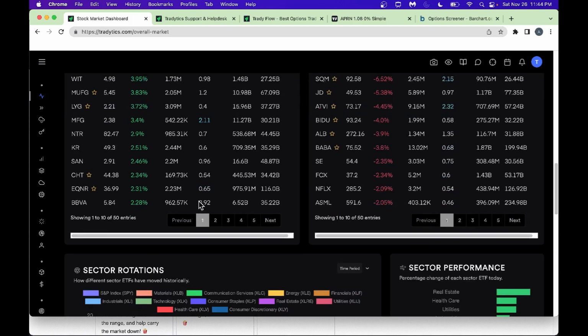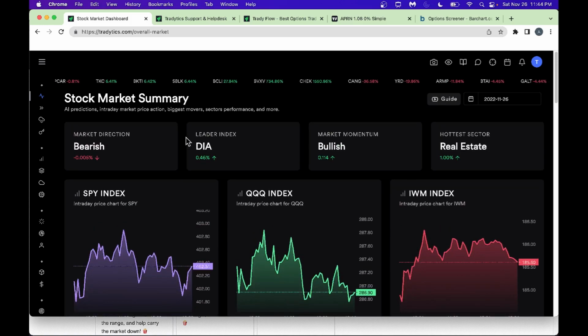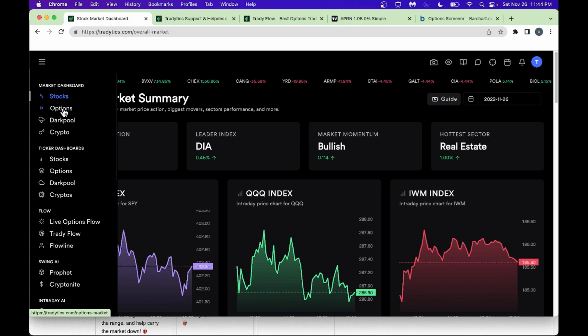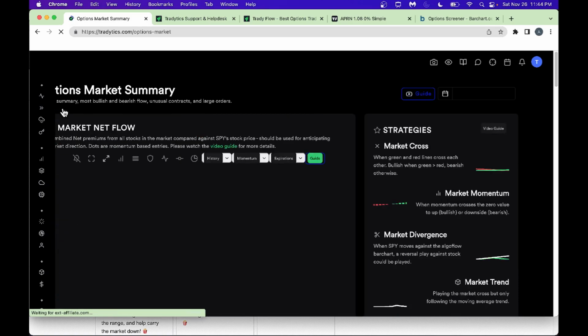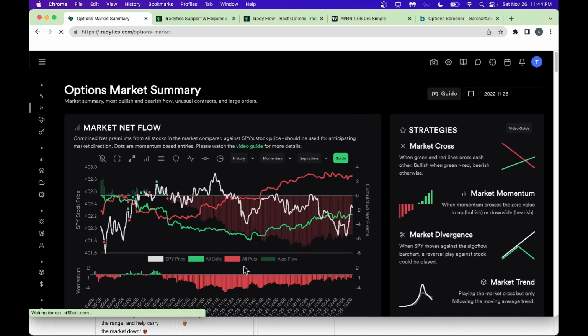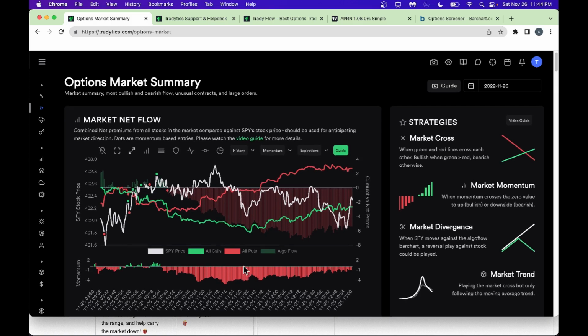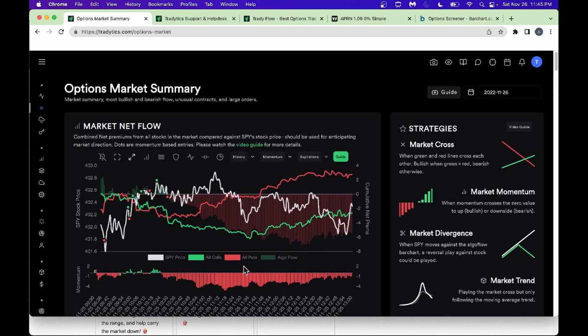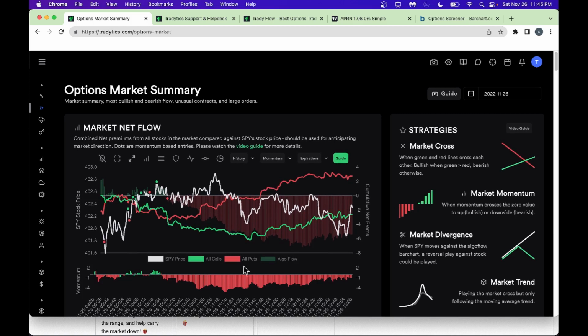What I typically look at is really not the stock market summary. I normally jump into the options here. I love this options dashboard. It tells you overall how the market is doing. This is on Friday, a half day, and it tells you that puts are going higher, folks are buying put options.